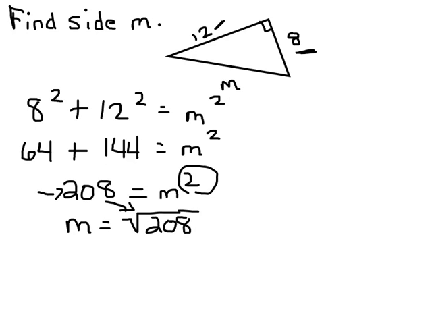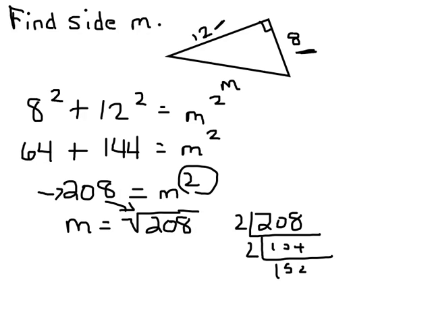Now 208 can actually be factored out. 208 is, let's see, 104, 52, 26, 13.